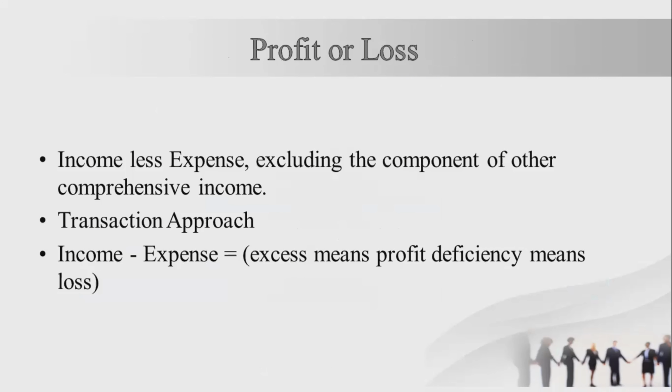So, profit and loss, it's about income less expense. Ito yung mga profit and loss na may changes sa primary performance or main revenue ng company. Tapos yung approach, income minus expense, pag may excess, equals profit, and deficiency naman means loss.